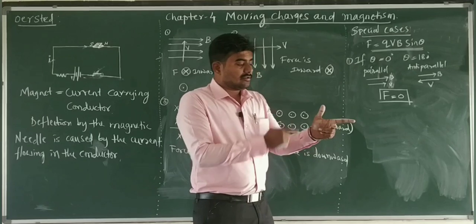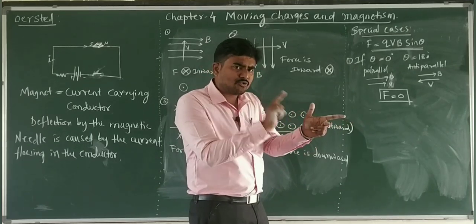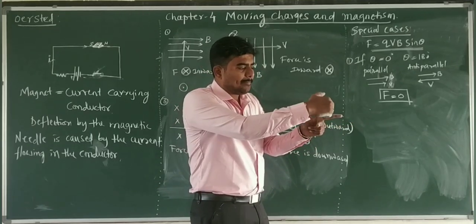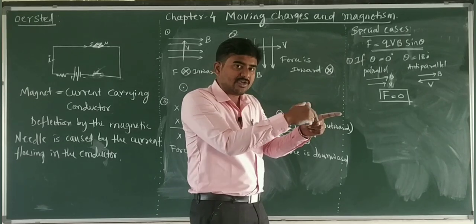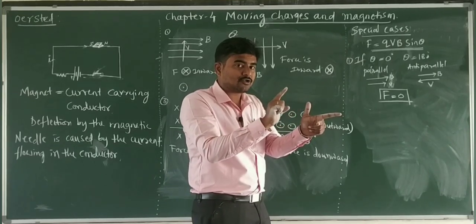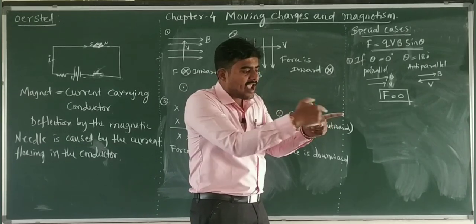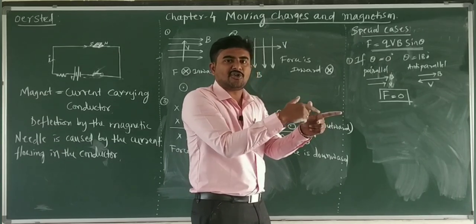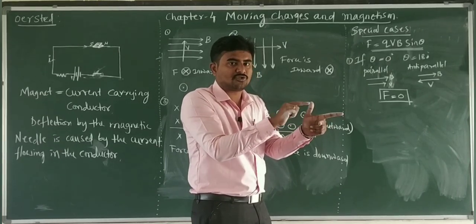Remember, this force has to be perpendicular to the plane containing B and V. It is a must. But it is not necessary that B and V should always be perpendicular. There is no such rule.